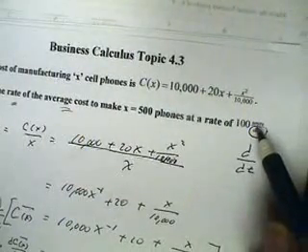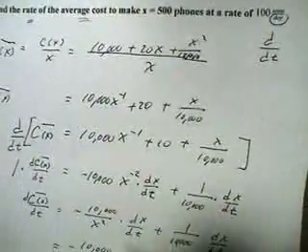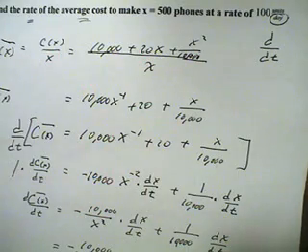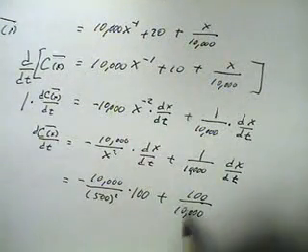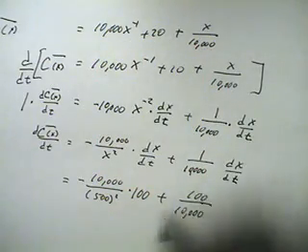So they're changing at 100 per day. So this is 100 per day, plus this is 10,000 in the denominator, and we'll put a 100 here for dx over dt.